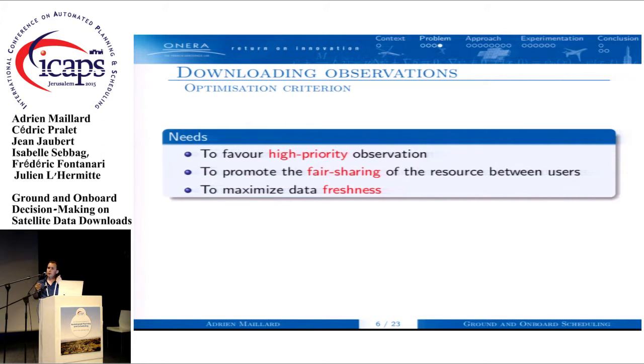We also have the notion of fair sharing. The users put money into the system, and we want the system to be allocated to the users according to their investment. And we also want to maximize data freshness, that is, minimizing the time between the observation and the download.